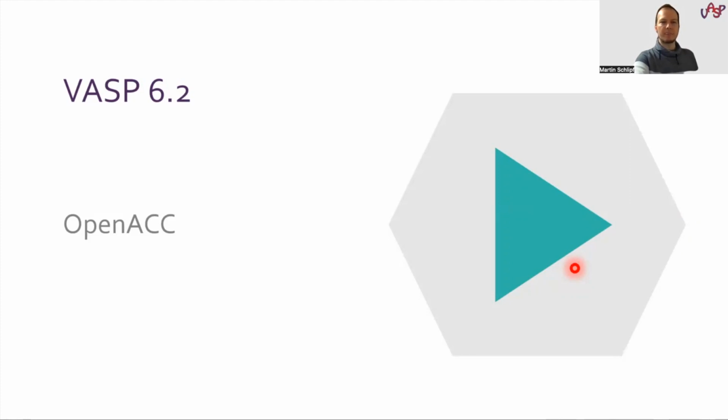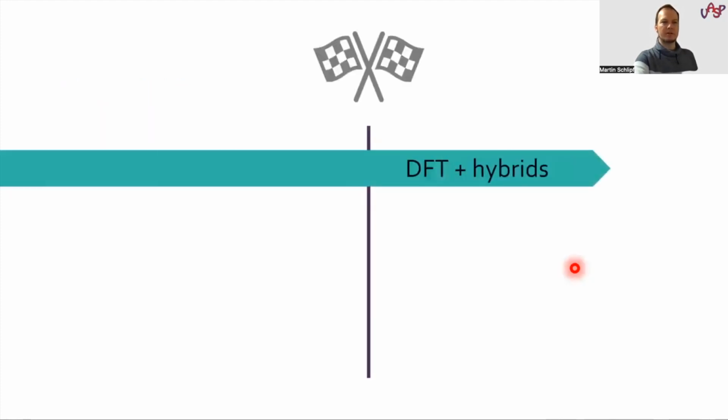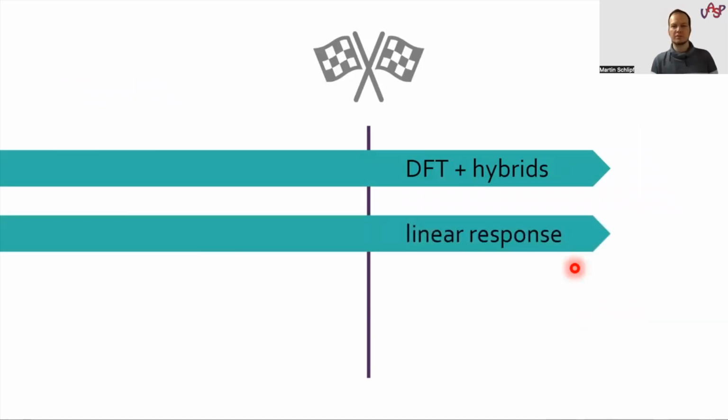What is already available in this OpenACC port is more or less everything with density functional theory. All kinds of exchange correlation functionals, hybrid functionals, van der Waals functionals. You can do linear response calculations.